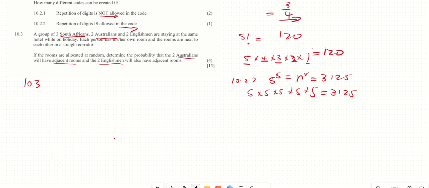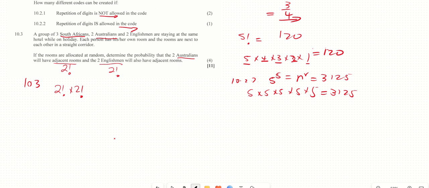Then now we're going to arrange this. For their rooms to be close to each other, these ones will have their own arrangement, because they are 2. Also, these 2 will have their own arrangement. So we have 2 arrangements made, another 2 arrangements made.